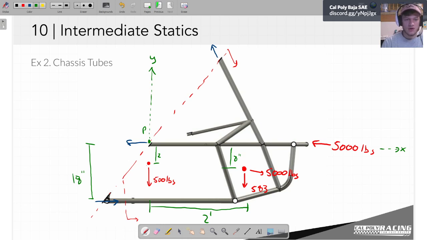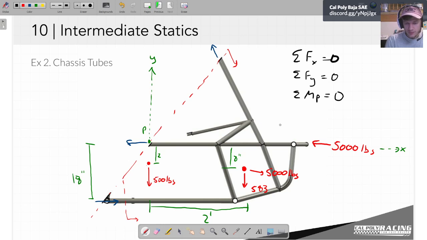Now we just do our sums of forces and moments. So sum of the forces in the X direction equals 0. Sum of the forces in the Y direction equals 0. And sum of the moments about, I like point P. I think it makes sense to stick with point P. Still equals 0.